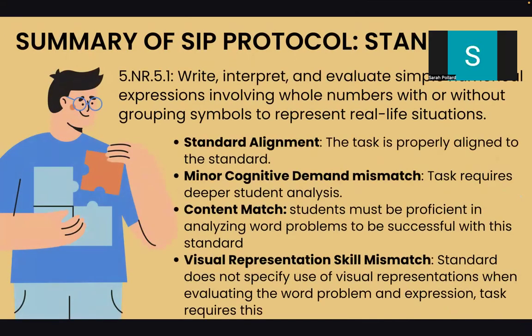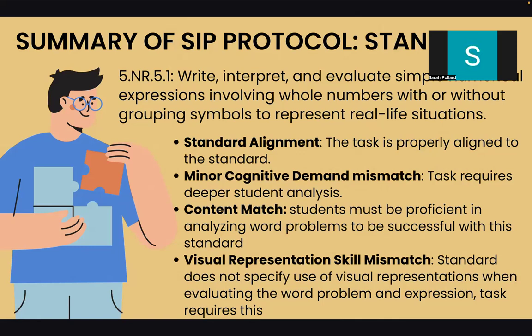Standard 3 is to write, interpret, and evaluate simple numerical expressions involving whole numbers with or without grouping symbols to represent real-life situations. The SIP protocol for this Standard 3 revealed that the task is properly aligned to the standard. The cognitive demand is a partial match due to the task requiring analysis for part 1 of a question.